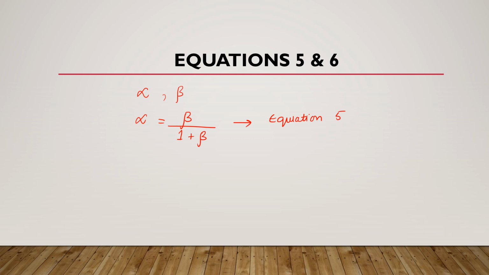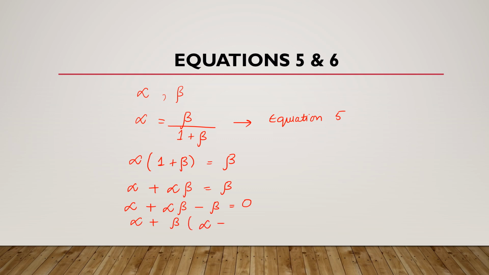Now, if we rearrange this equation, we get alpha times 1 plus beta is equal to beta, and it is equal to alpha plus alpha beta is equal to beta, and it is equal to alpha plus alpha beta minus beta is equal to 0, and here it is equal to alpha minus beta into 1 minus alpha is equal to 0.